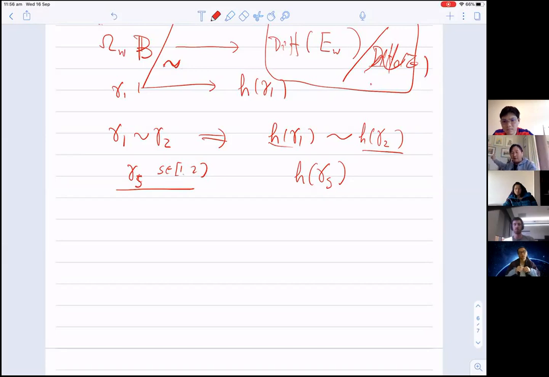Then suppose you have another Lagrangian meeting the first and the second one, with no triple intersection. The union of the intersection points with these two Lagrangians will be the intersection points for the connected sum.